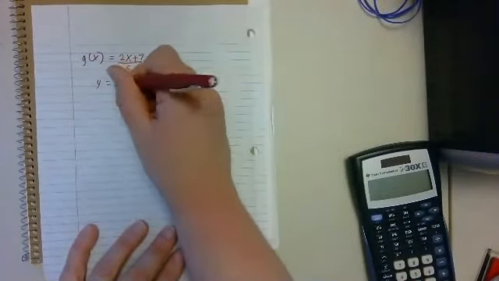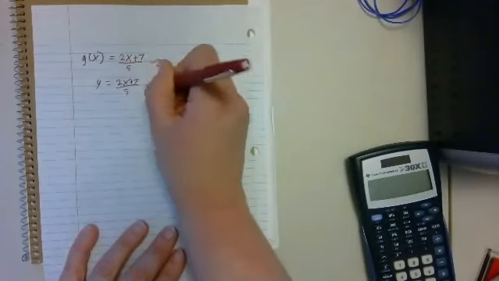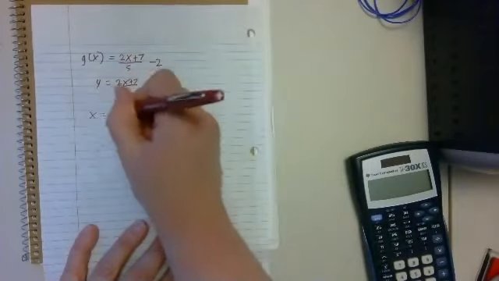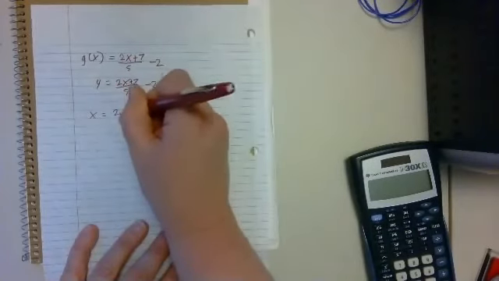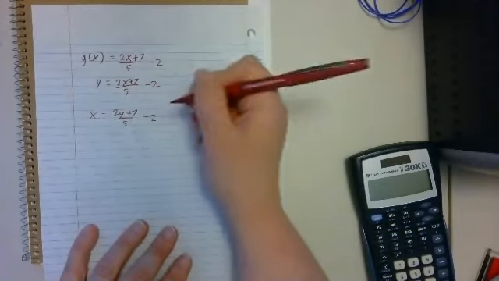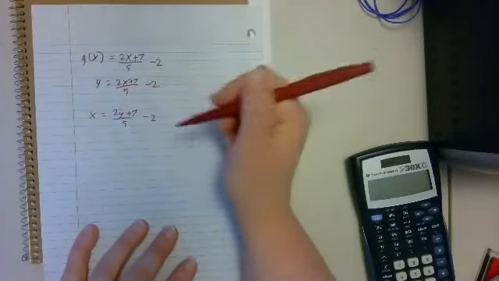y equals (2x + 7)/5 - 2. Then I need to invert. x is equal to (2y + 7)/5 - 2. Once again, I just use order of operations to solve for y.